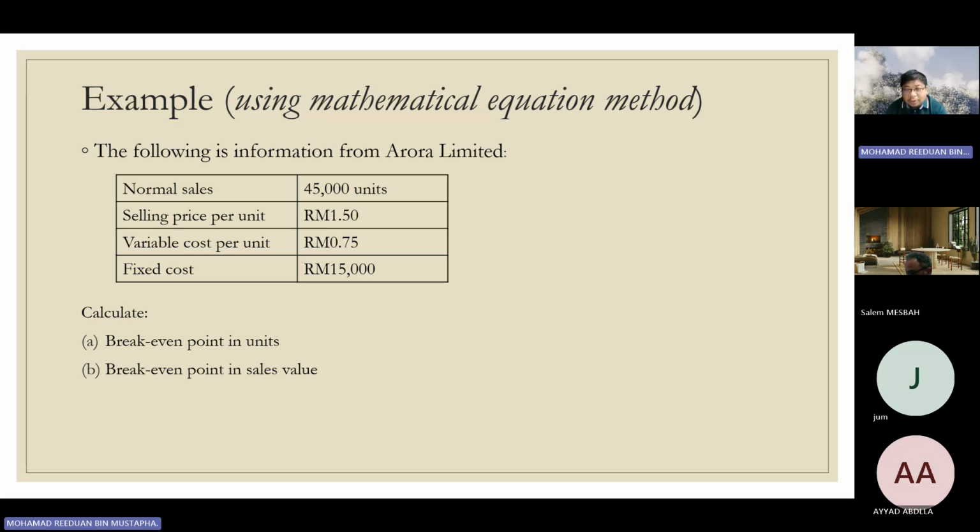So the answer should not be like 1875, something like that. It should be maybe 100, maybe thousands for units. Let's say 5,000 units, and the sales value could be 10,000 ringgit.